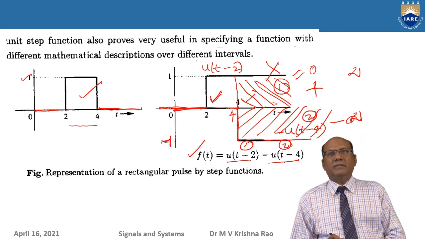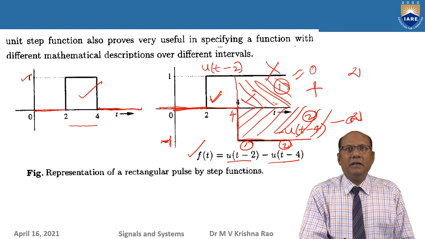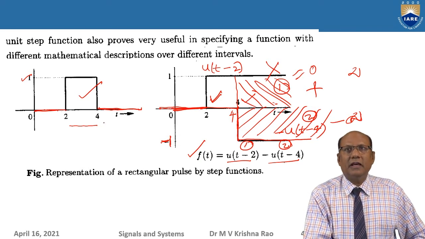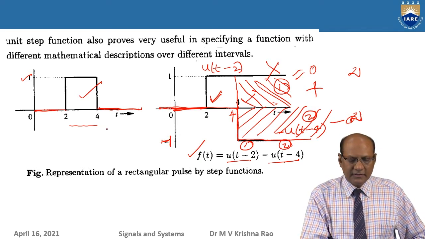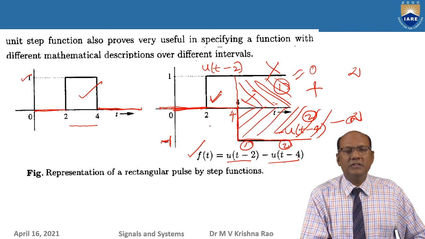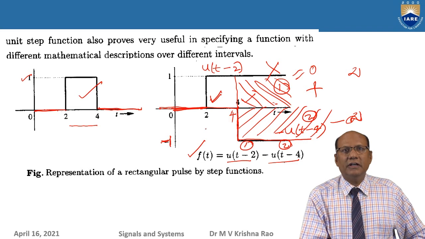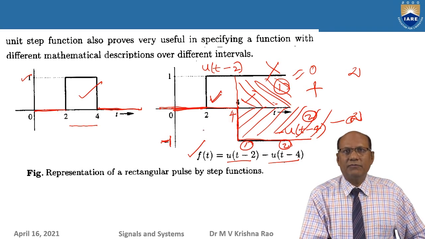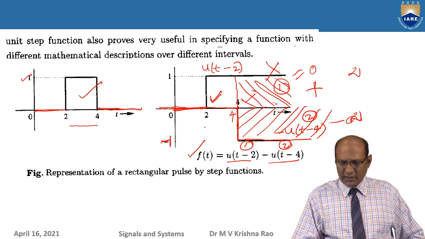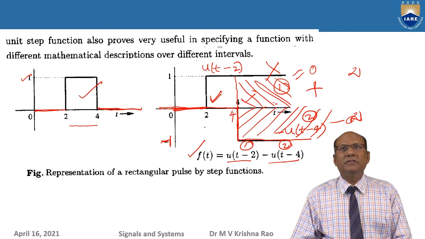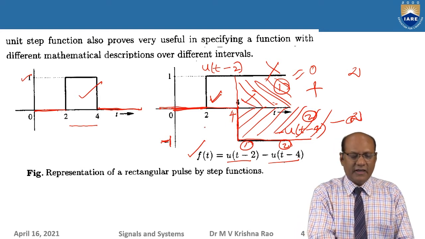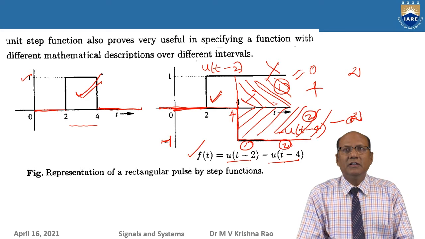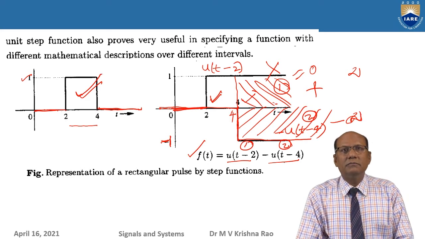So a finite width pulse can be expressed as the summation of 2 step functions, one positive step function and the other a negative step function. That is the synthesis. That means I have synthesized this pulse by 2 unit step functions.